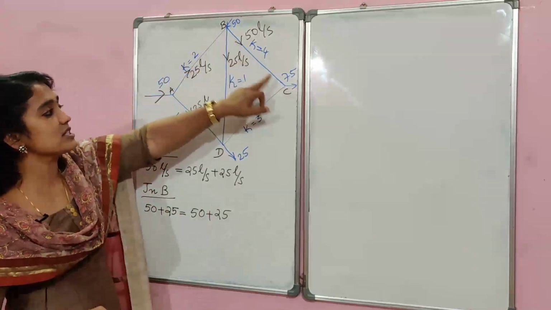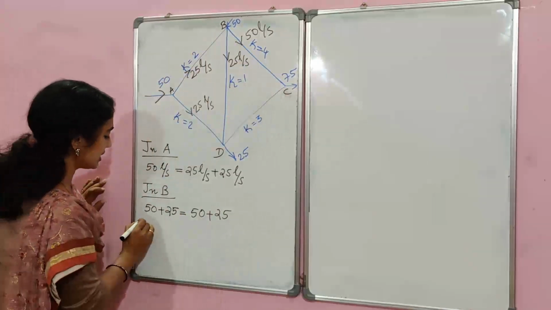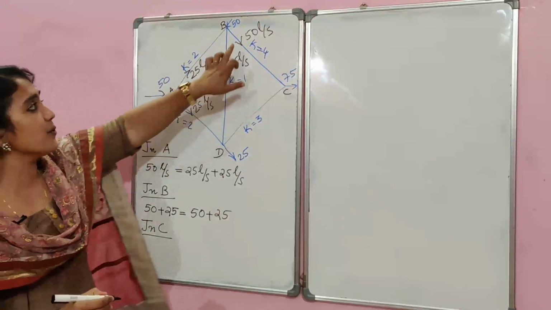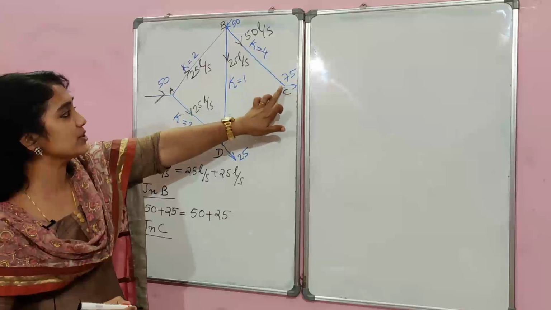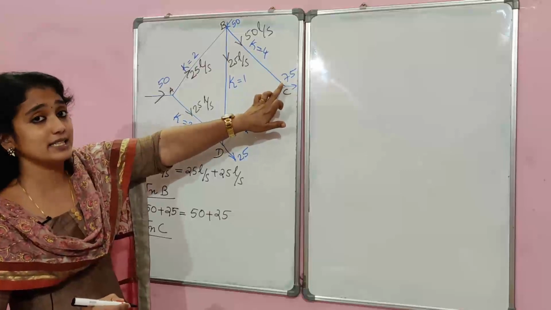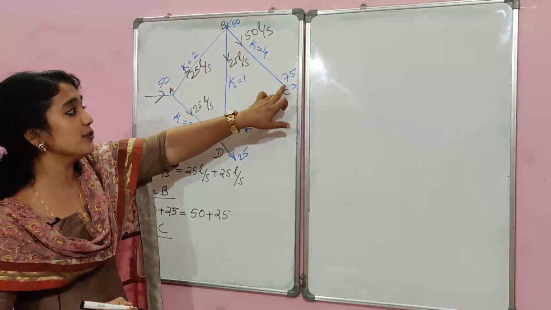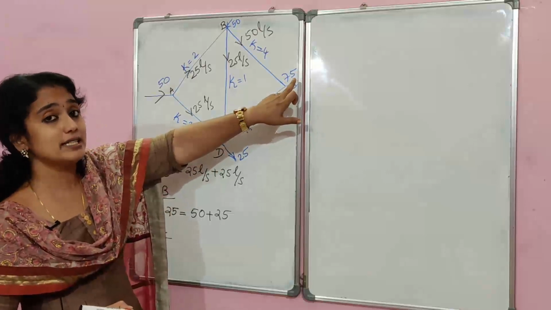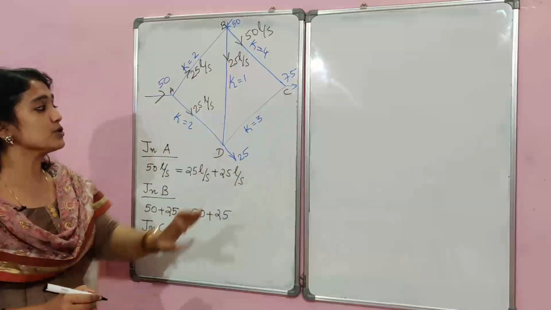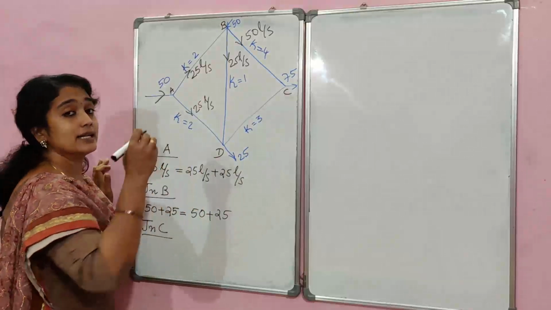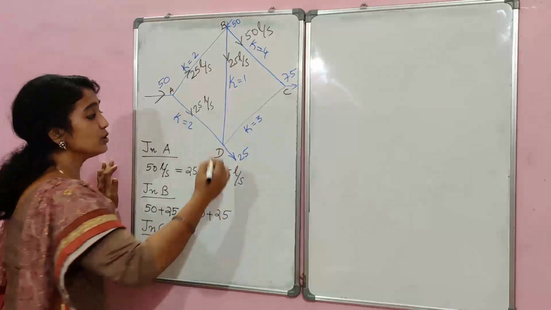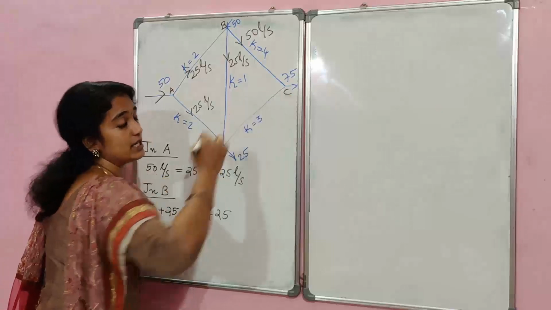Then the next junction, that is junction C. For junction C, the flow entering that junction is 50 liters per second, but the flow leaving from that junction is 75 liters per second. So we have to get a more flow of 25 liters per second through the pipeline DC.